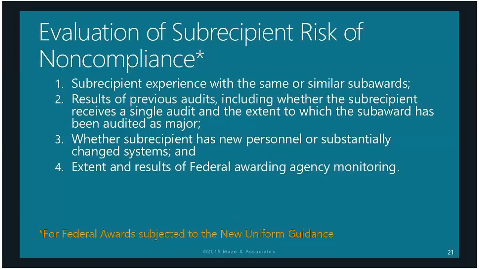This will probably affect the internal controls. Are they familiar with spending grant monies? Are there systems in place to ensure that the grant monies are being spent appropriately? And the extent and results of the federal awarding agency monitoring.